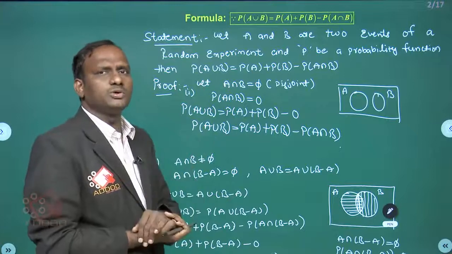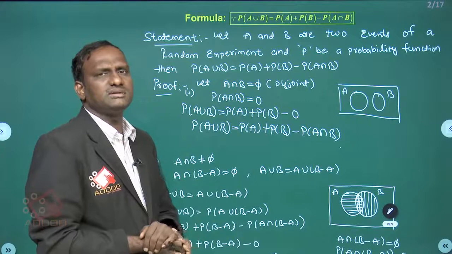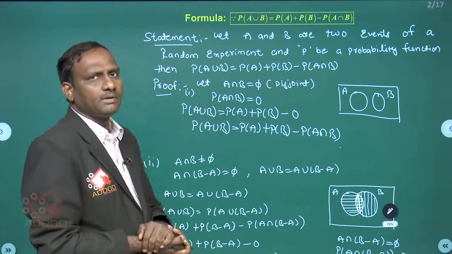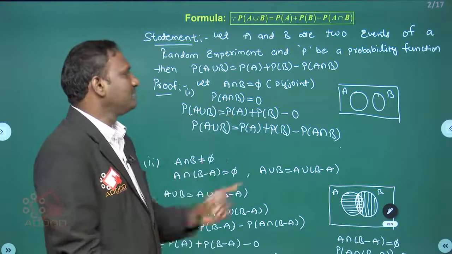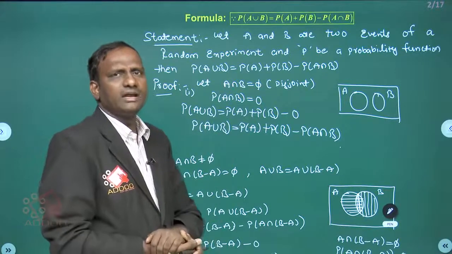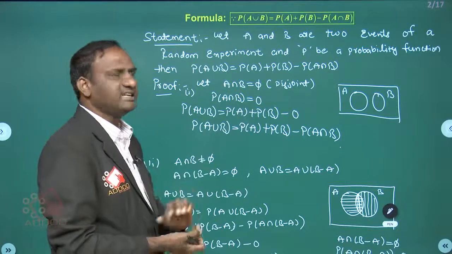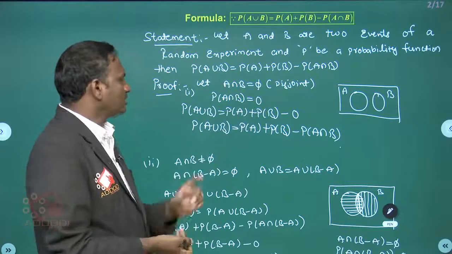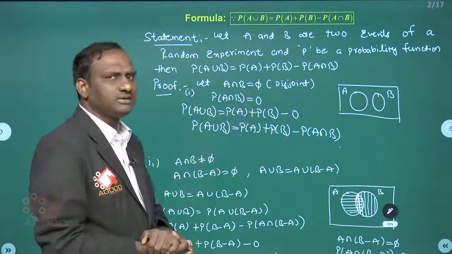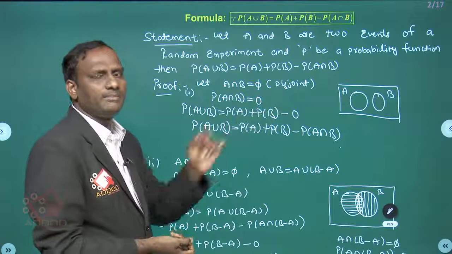In this there are two cases. First case, I am taking A intersection B is empty, in the sense disjoint, nothing is in common. So P of A intersection B is equal to 0 when you operate the probability function.